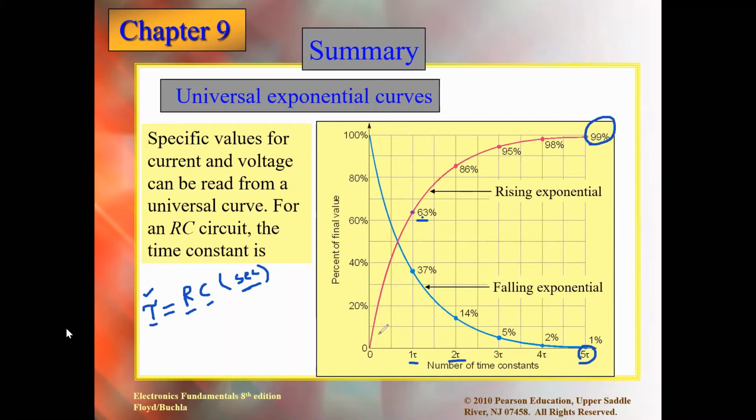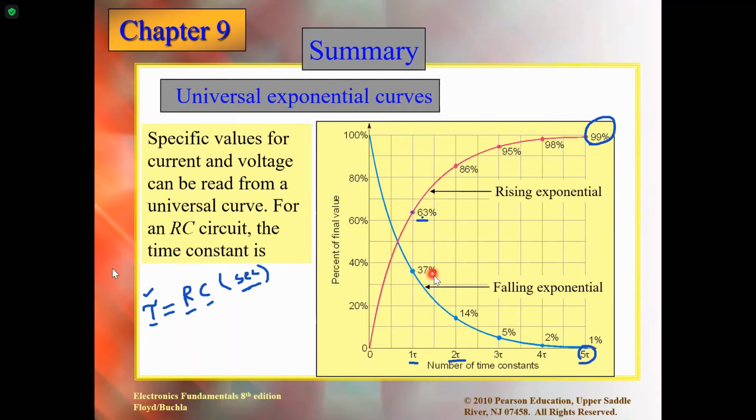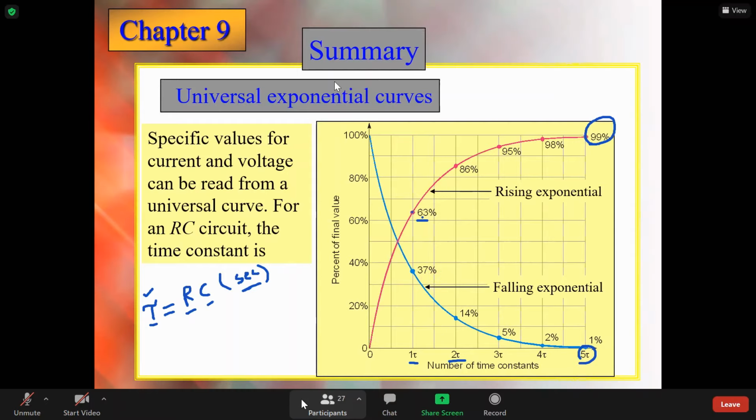Whatever I just explained for the charging curve, which is the red one, exactly the opposite is applicable for the discharging curve. The blue one is the discharging curve, which says that at one time constant, the capacitor will discharge 37%. Whatever its value, it will discharge to 37%.